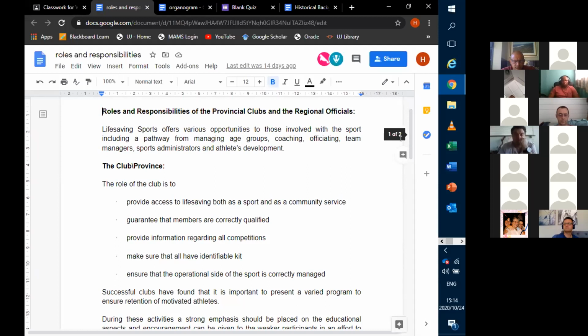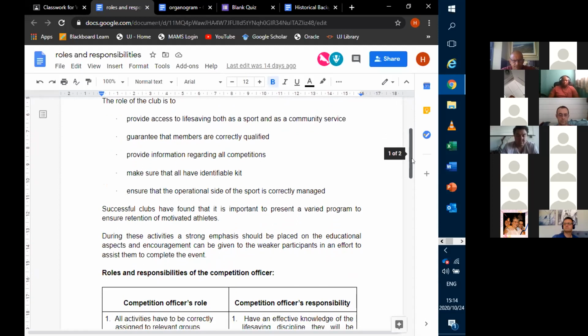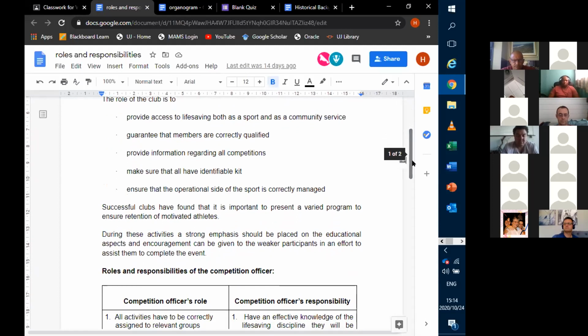The role of the club is to provide access to life saving as a sport and as a community service, to guarantee that members are correctly qualified, to provide information regarding all competitions, and to make sure that all have identifiable kit, to ensure that the operational side of the sport is correctly managed.